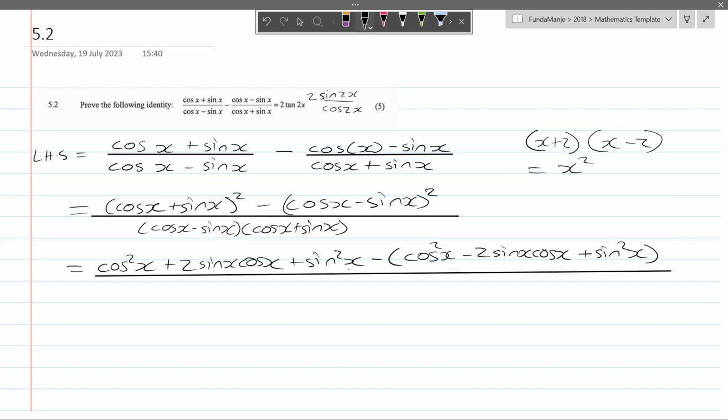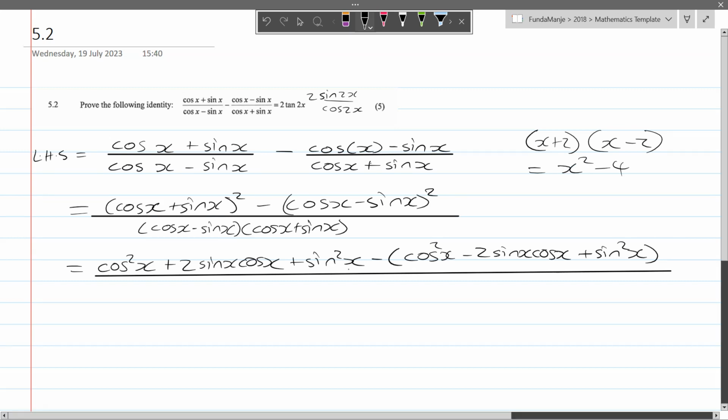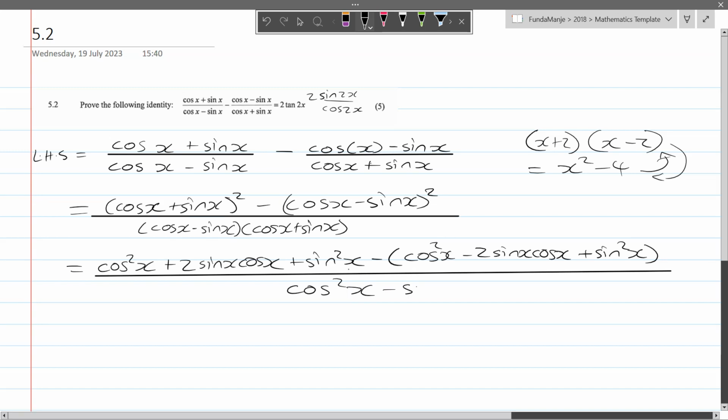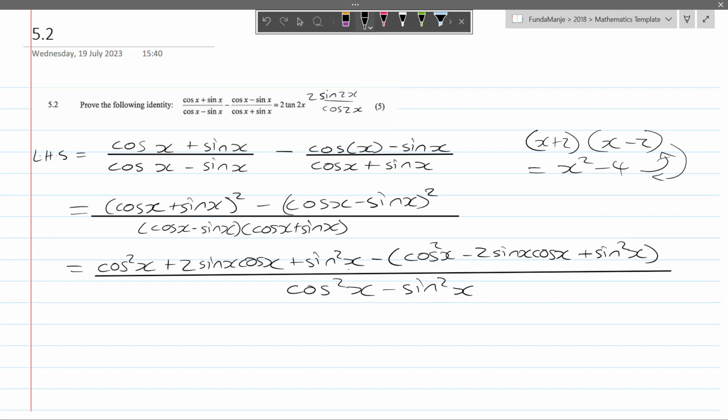If you take x squared minus 4, it will give you this if you factorize, and if you simplify, it will return this value. So here what we're gonna do is we are gonna multiply out basically, but we already know that it's gonna result in cos squared x minus sine squared x. So that's the difference of two squares.